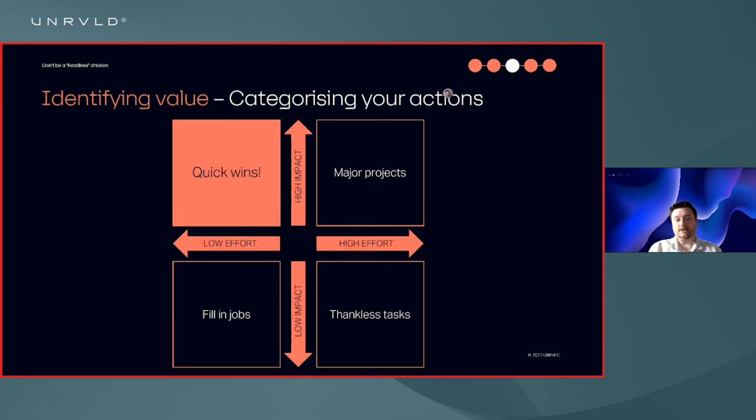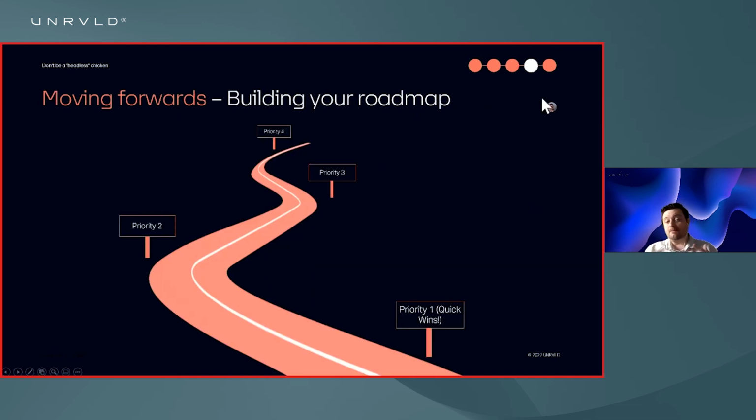From there, it's then about building the roadmap. We know what priority one needs to be. It's the quick wins, those first steps to prove the value and the ROI that we're getting. But then you can organize the rest into loosely drawn priorities for 2, 3, 4, rather than phases. We call them priorities because the reality is things can change.